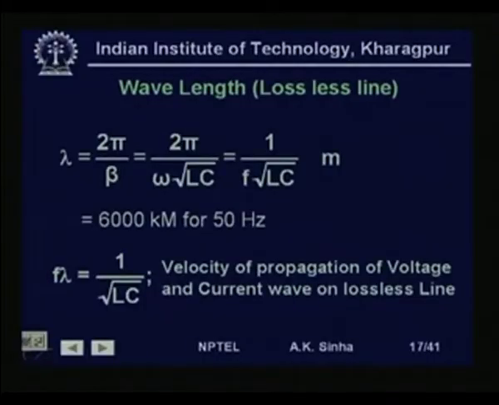This relationship you can again see by simply substituting the relationship for L and C here. This will then come out to be 1 by root over mu 0 into epsilon 0, which comes out to be 3 into 10 to the power 8 meters per second, which is the same as the velocity of light.